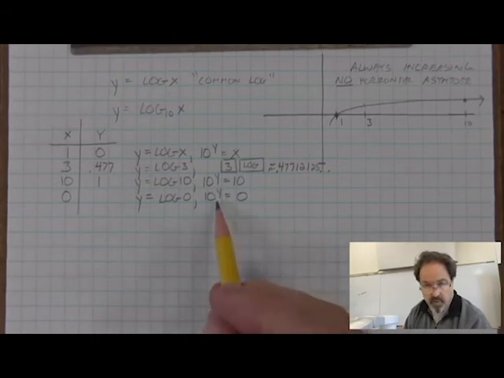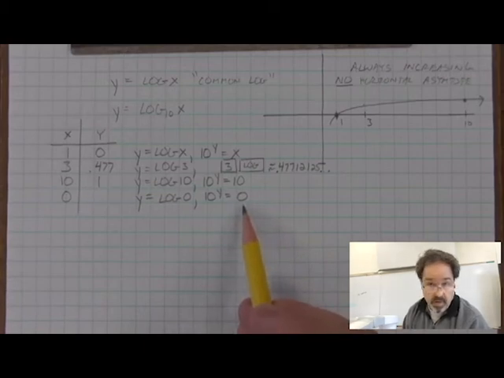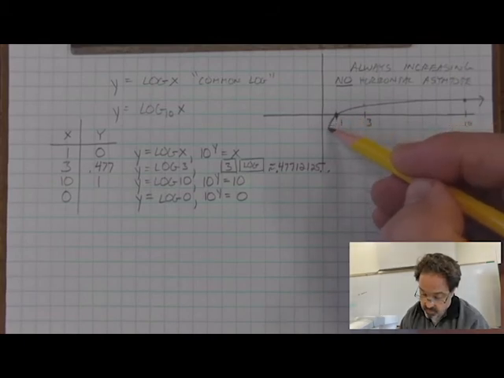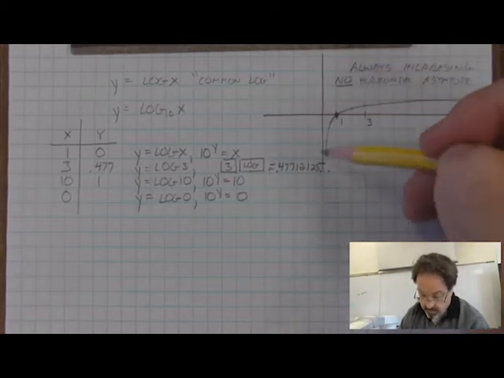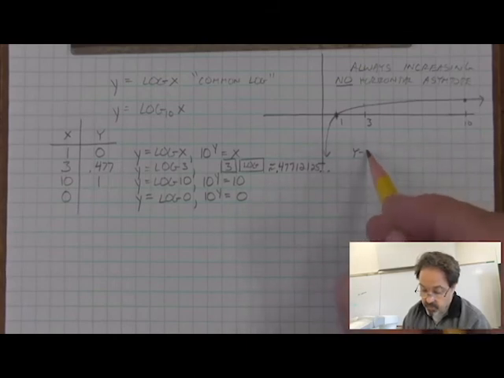If we think about it a moment, there is no y that can be the power of 10 that will be 0. 10 can't be raised to any power to get 0 or any negative number. On the graph, the curve of logarithm approaches the y-axis. The y-axis, for the graph of logarithm, is a vertical asymptote.